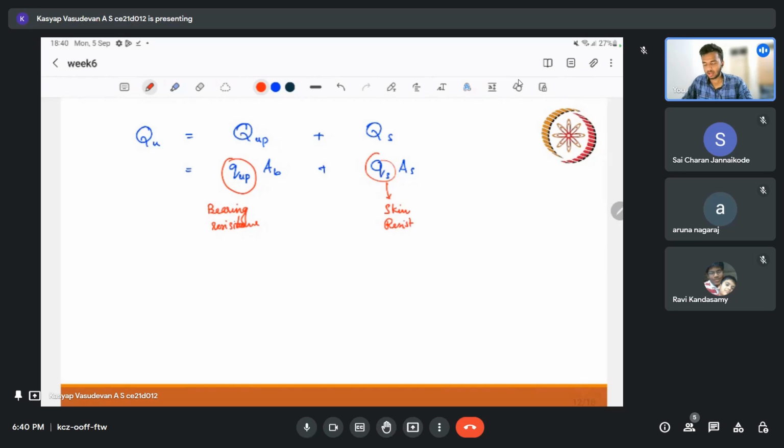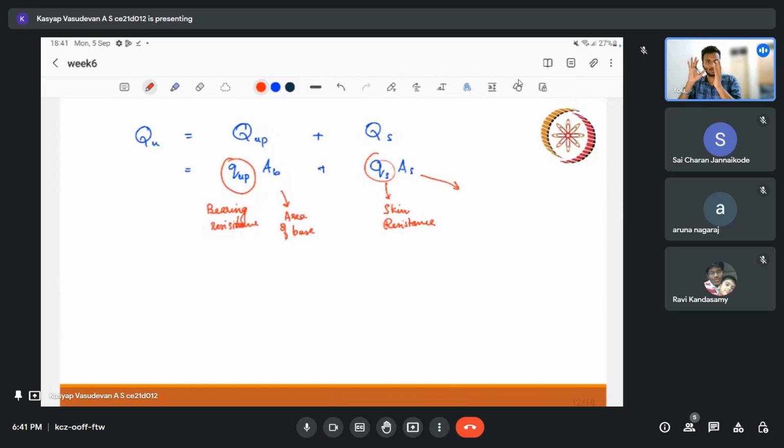Since we can find the bearing resistance, we are quite familiar with it. It is very similar to the bearing capacity of a footing, because at the base of the pile, whether it is circular or square, we can idealize it as a footing, and there must be some bearing capacity at that particular depth. AB will be our tip area, the area of the base of the pile, and AS is the area on which skin friction acts.